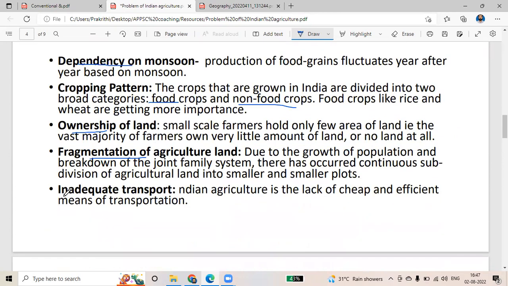Then another problem is the inadequate transport system.